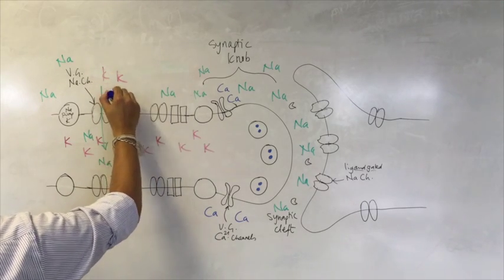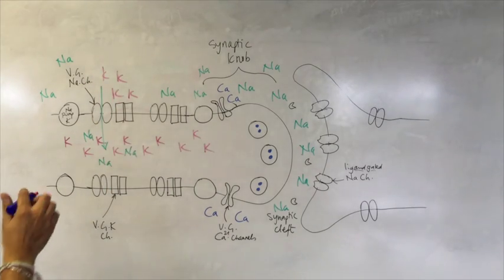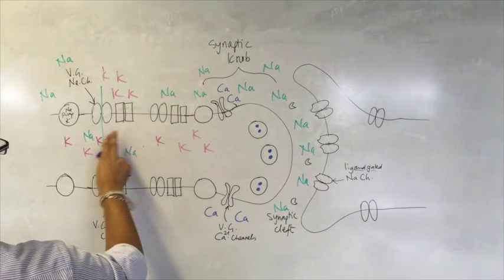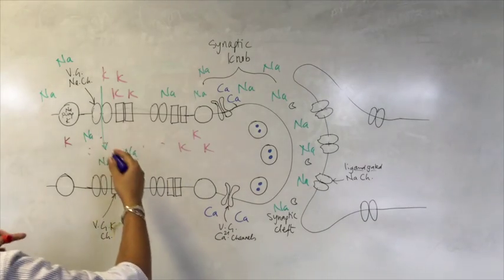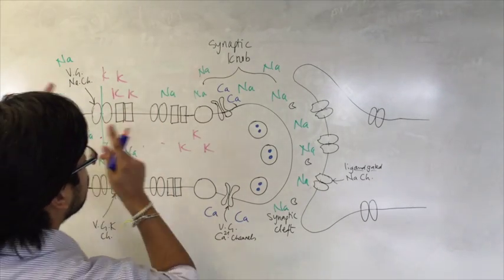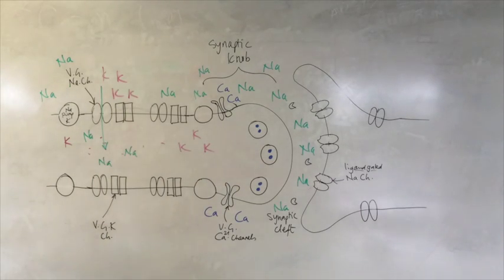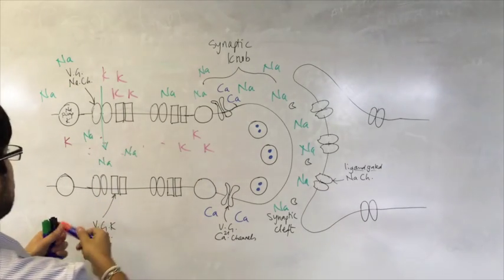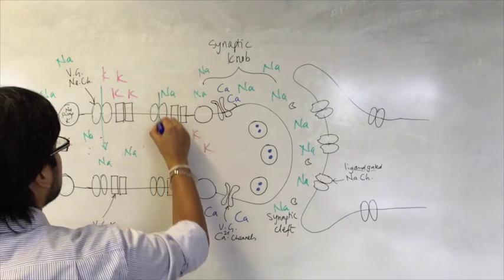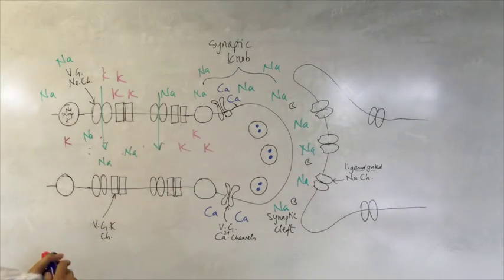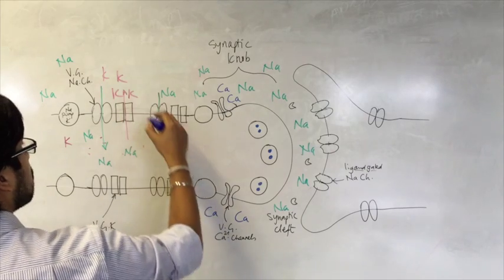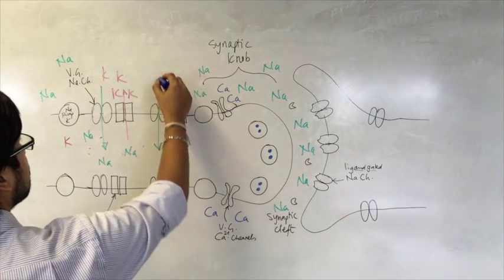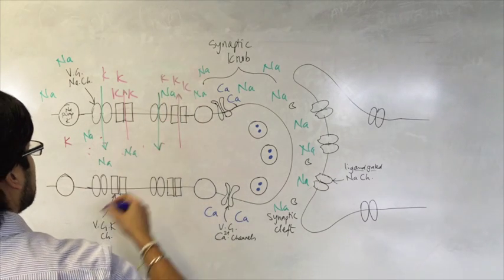It'll be localized, so you'll have lots of potassium out there and it'll be gone from here. That will be the repolarization, and that will cause the next set of voltage-gated sodium channels to open. So sodium will come in here. Potassium during the repolarization will go out.